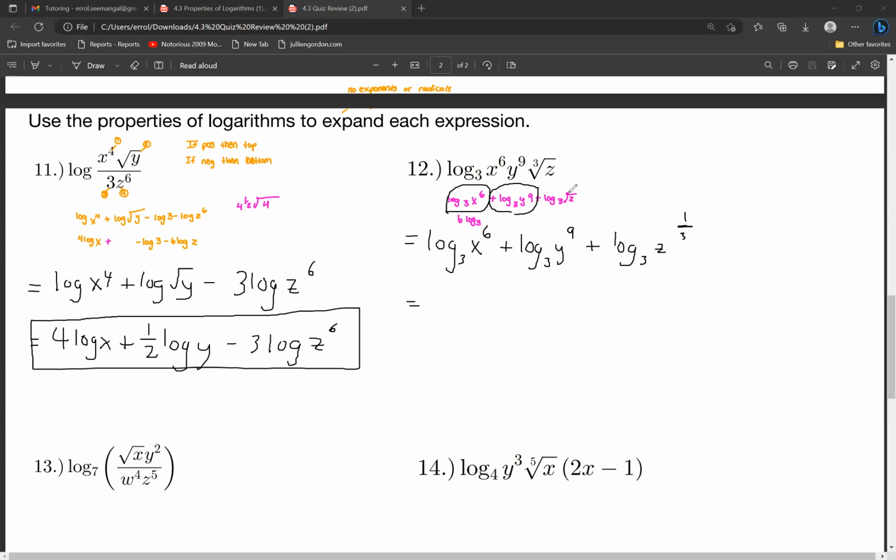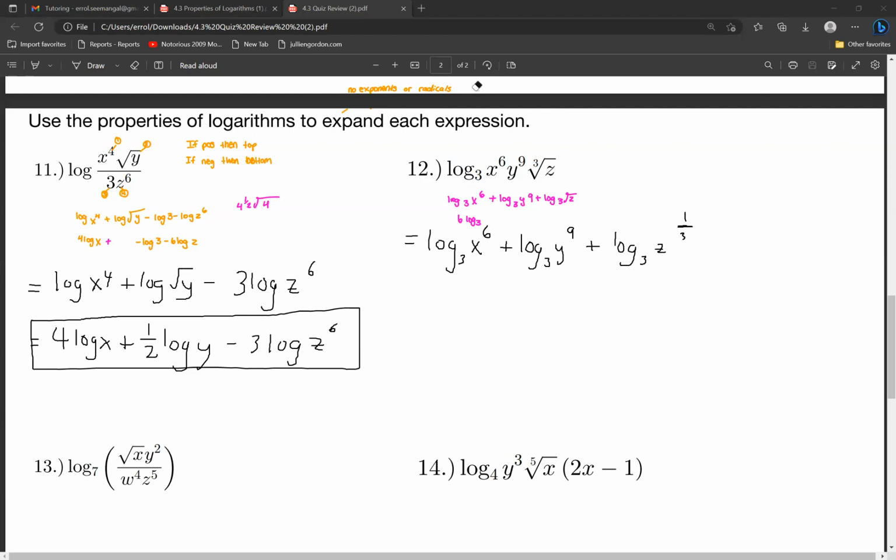For this one, it's just z, not z to the half, but z to the 1/3. What is this right here? Z to the half. Yeah, it doesn't look like you can go any further than that. Oh, I guess you could.